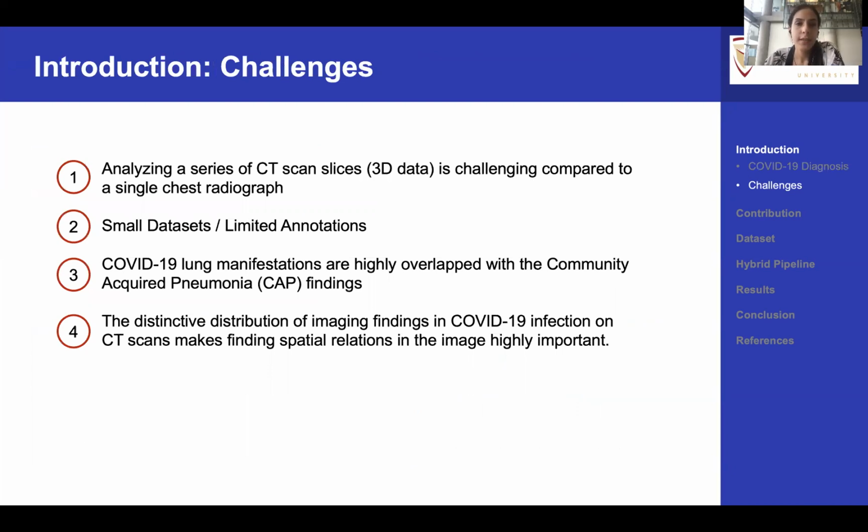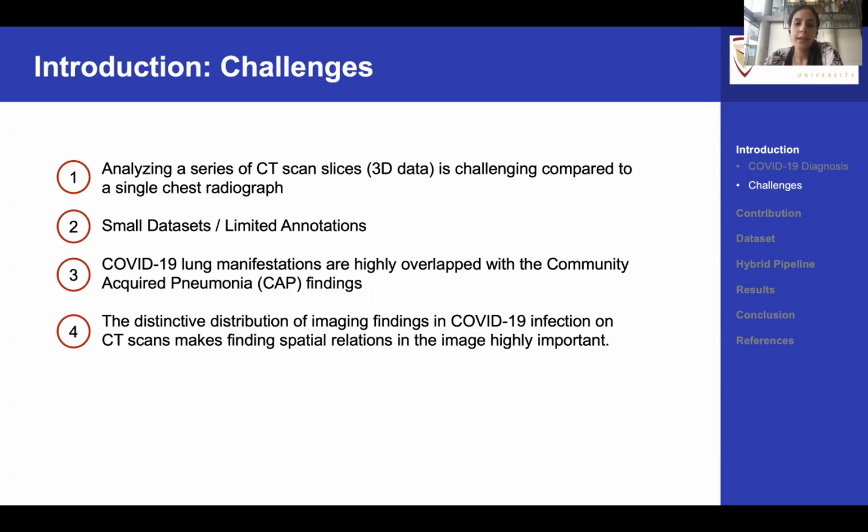But using CT scans has its own specific challenges. First of all, it's 3D data, which means it is more difficult to process compared to single chest radiographs. And also, we are limited to small data sets and limited labels and annotations provided by experts. Also, COVID-19 findings in medical images can overlap with findings from pneumonia cases.